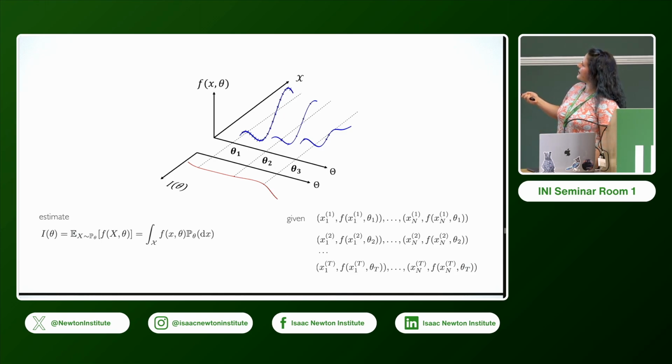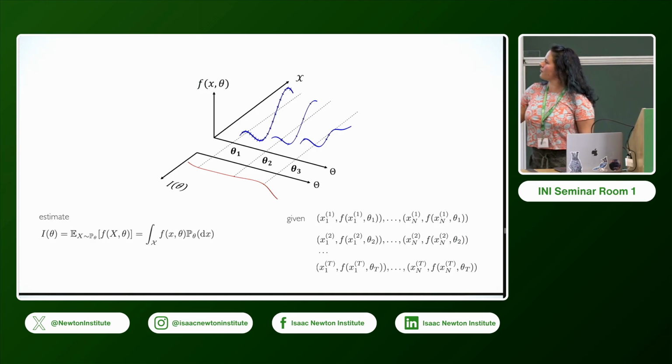Let's say the input data to the problem are evaluations of the function f at various points x, theta, and let's say I have t thetas, theta 1, theta 2, up to theta t, and for each theta I have n values of x against which f is evaluated.